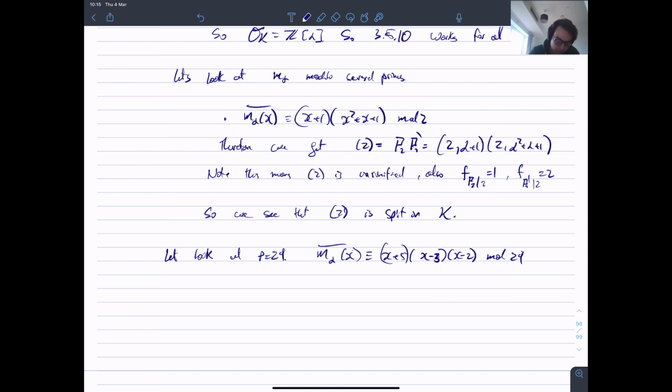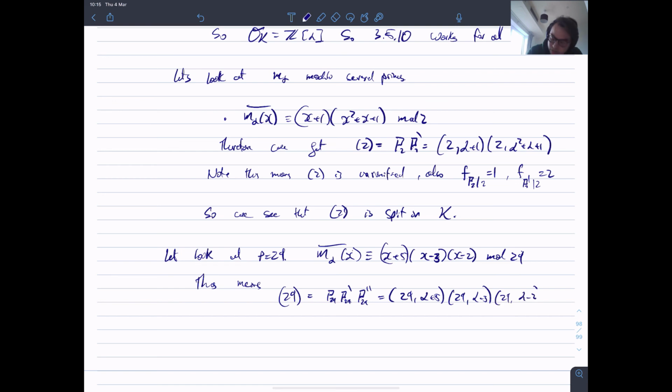It's just a simple calculation, so this means we get 29 factors as P29, P29 bar, P29 double dash, which are going to be, you have 29 always at the start, 29 and alpha plus 5, 29 and alpha minus 3, and 29 and alpha minus 2.